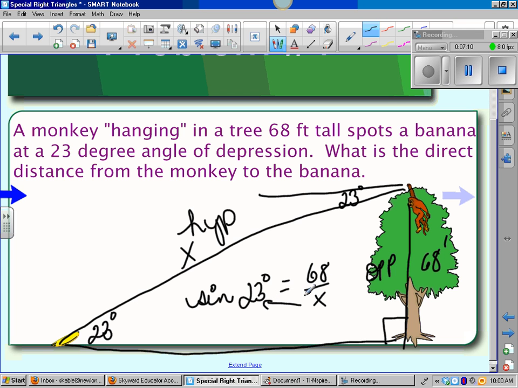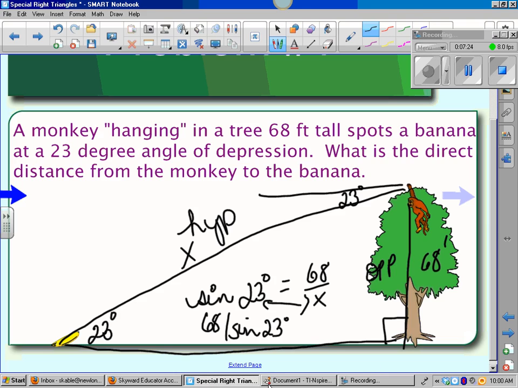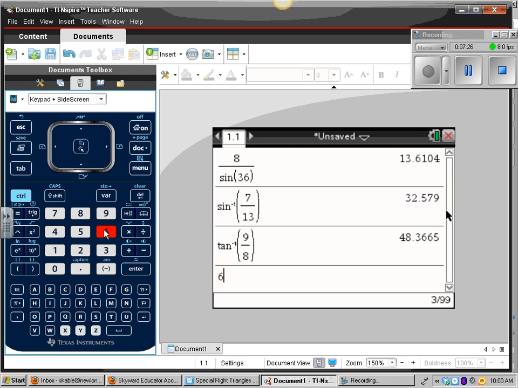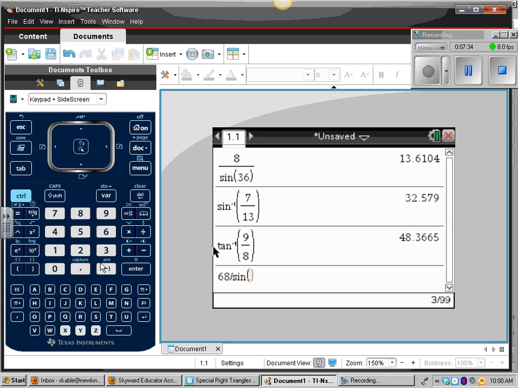And you're going to do a switcheroo. Remember we talked about when the letter's on the bottom, we're going to take 68 and divide it by the sine of 23 degrees. Once you do that, you're going to grab your calculator. So we type in 68, divide, hit the trig button, then sine, and then type in our angle, which was 23 degrees.